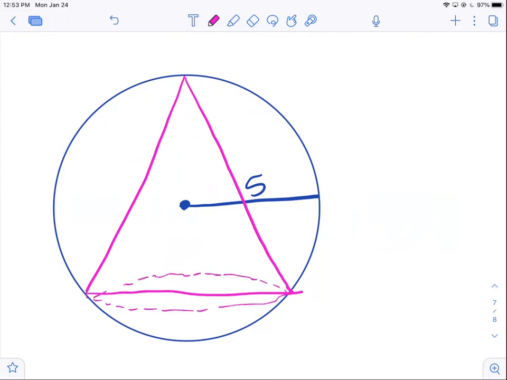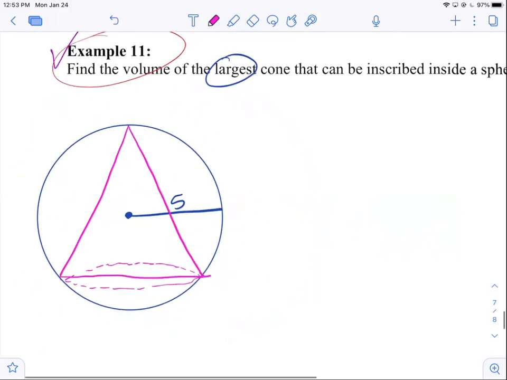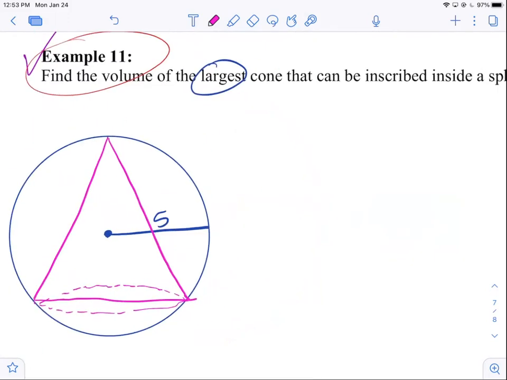Now the optimal dimension here is the largest cone, and since we're doing 3 dimensions, this is volume. Here's the volume of a cone. The volume of a cone is pi thirds r squared h. It's basically the volume of a cylinder. Take a cylinder, carve out 2/3 of it that doesn't resemble a cone, and you're left with the volume of a cone. So keep that memorized.